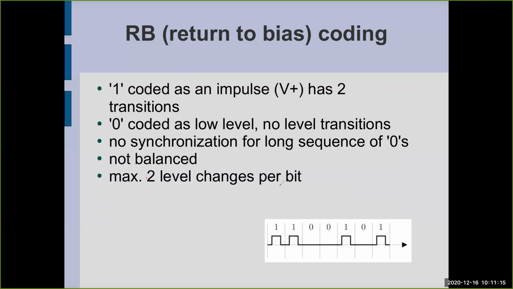So if I'd like to transfer data with a speed of 2 megahertz, I have to ensure that the transmitter is able to drive a transmission line not at 2 megahertz but at 4 megahertz speed.